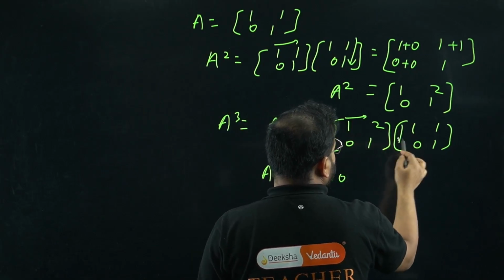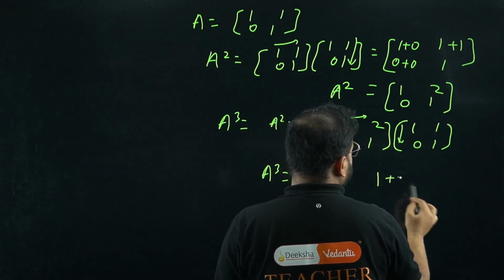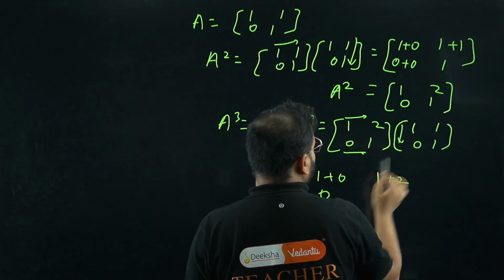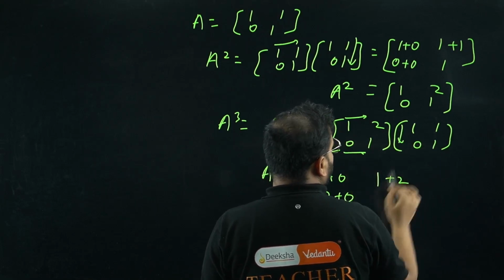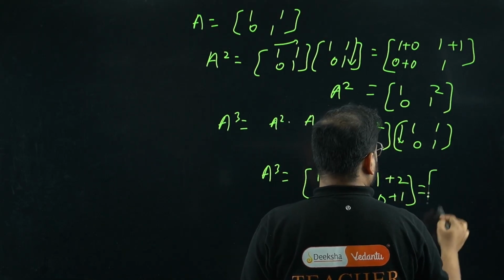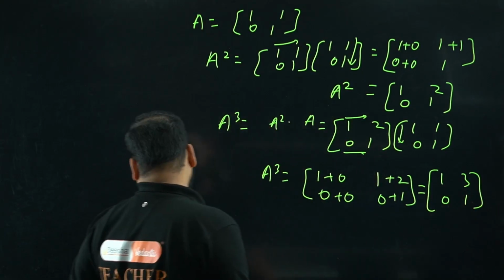First row, first column. Now first row, second column, 1 into 1 is 1, 2 into 1 is 2. Second row, first column, 0 into 1 is 0, 1 into 0 again 0. Then 0 into 1 is 0, 1 into 1 is 1. What is the answer? I'm getting this as [[1,3],[0,1]].